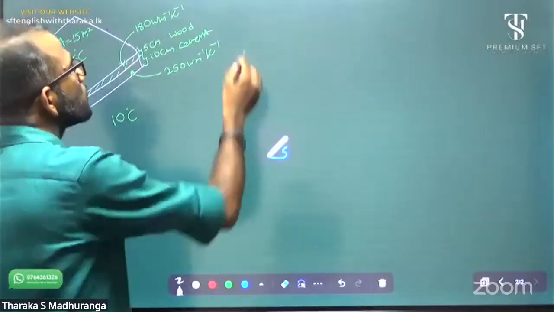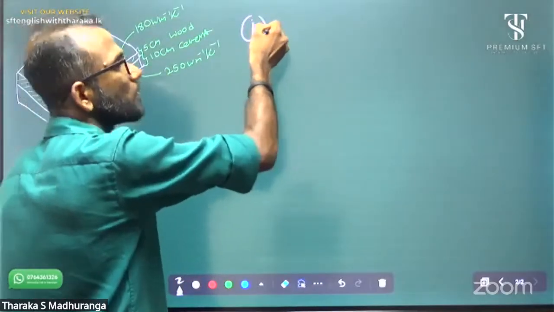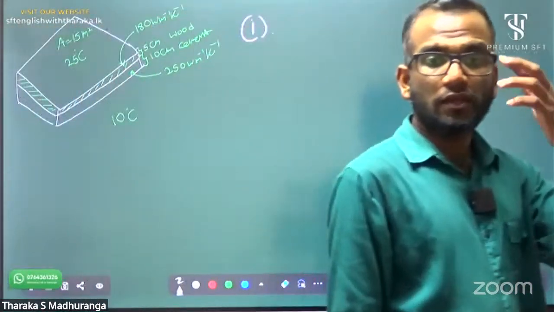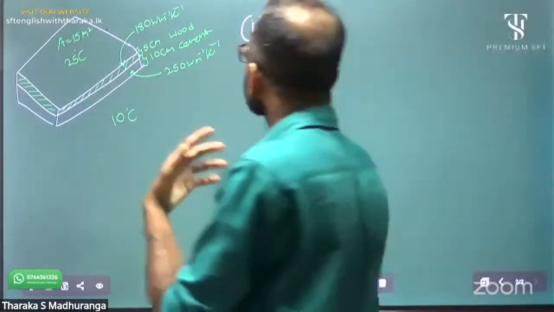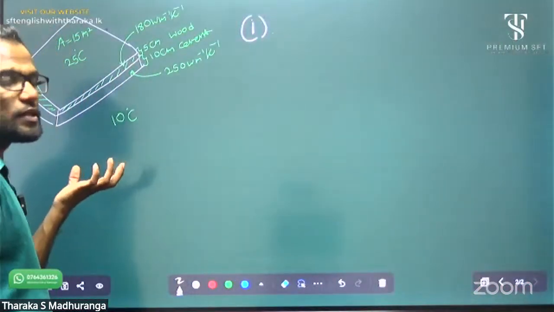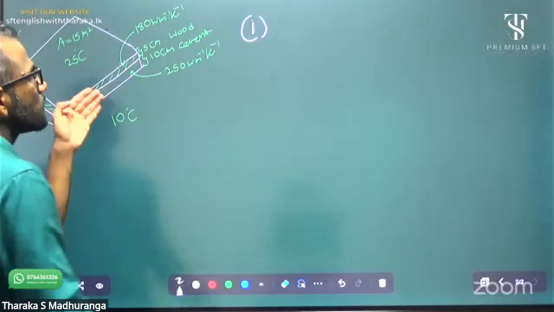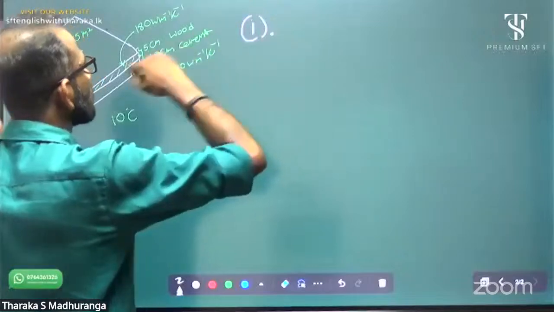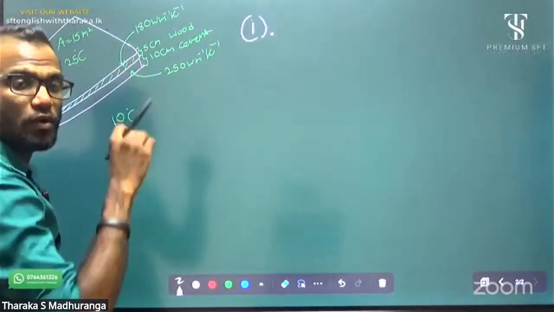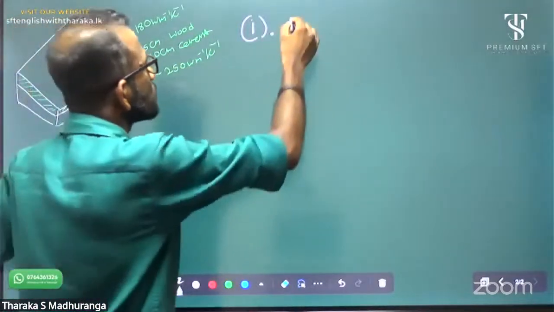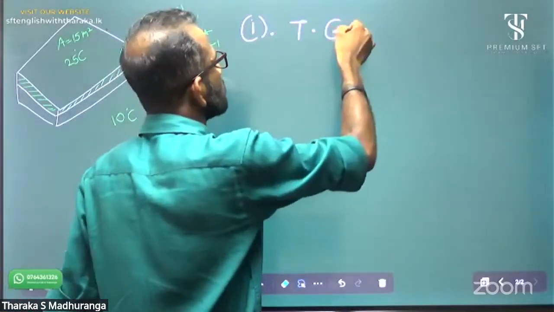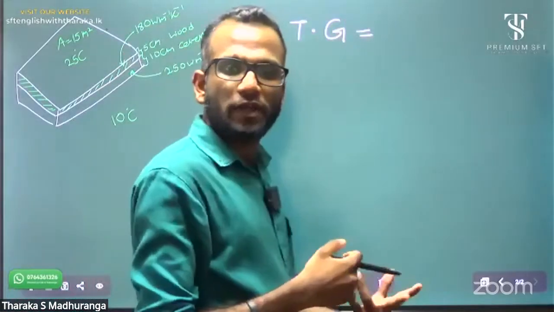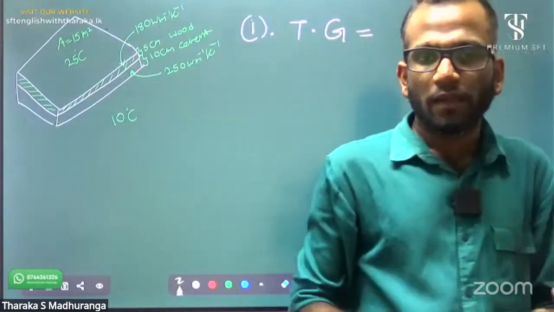In question number 1, it is asking what the temperature gradient is throughout the composite wall.